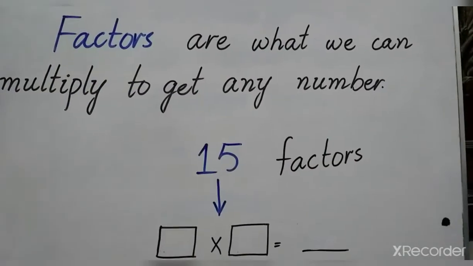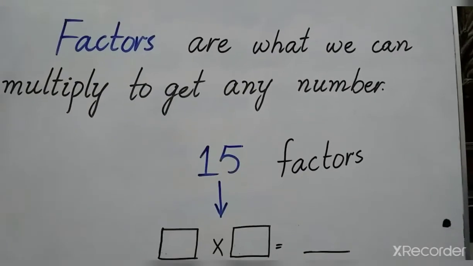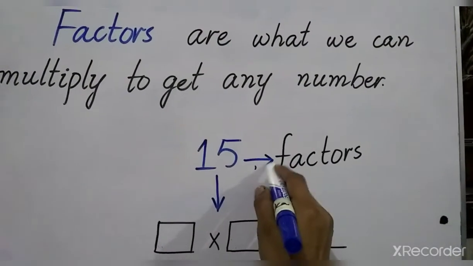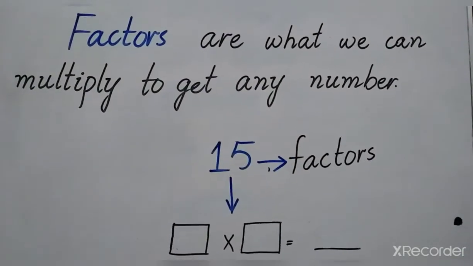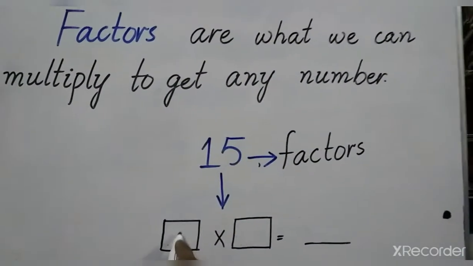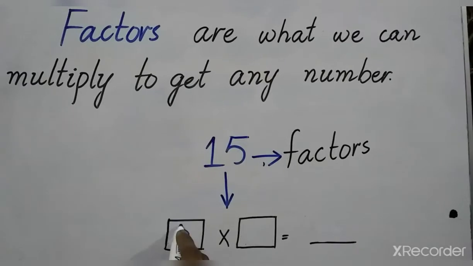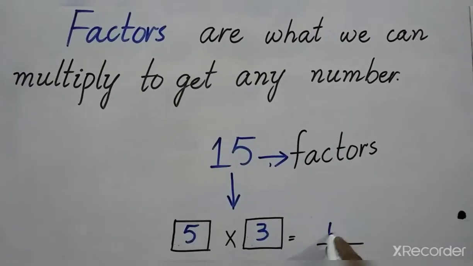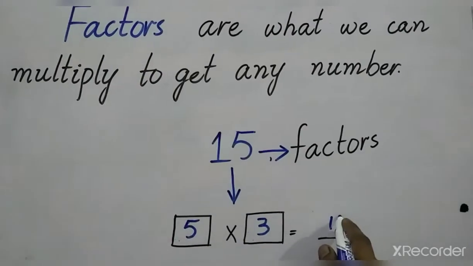Let's suppose 15 is a number and we have to find out its factors. So students, we all know this, that if we multiply number 5 with 3, we would have our answer as 15. What does it mean?